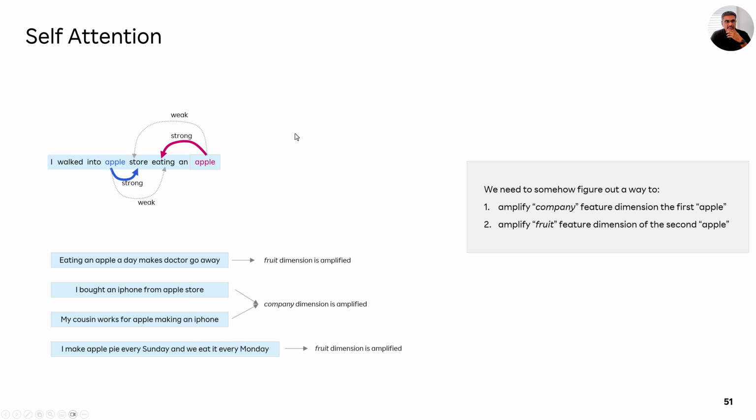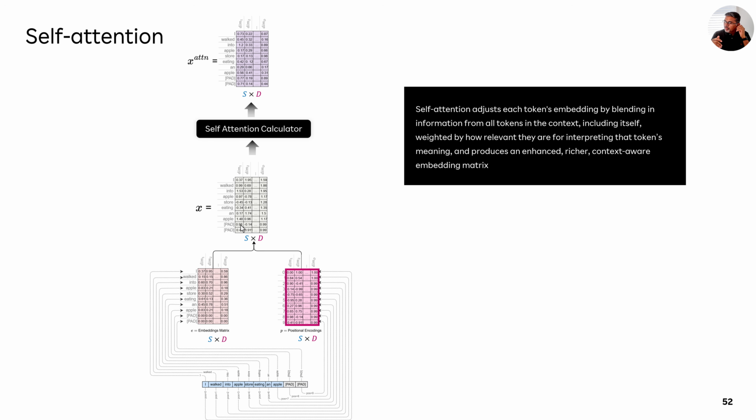So for example, in "eating an apple a day makes a doctor go away," as a human you would amplify the fruit dimension, because here apple refers to the fruit, whereas in "I bought an iPhone from an Apple store," you're not buying an iPhone from a fruit store. So in this case, for the word apple, you would amplify the company dimension and suppress the fruit dimension.